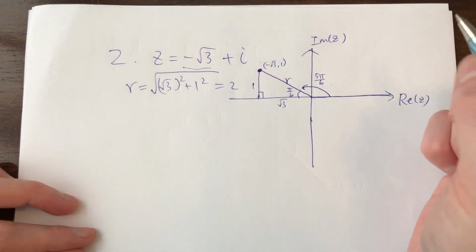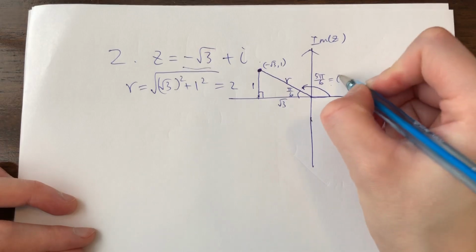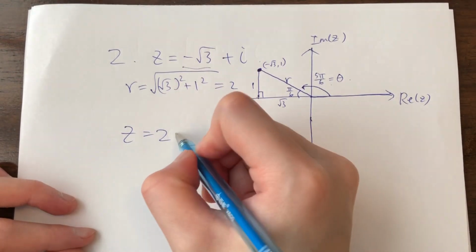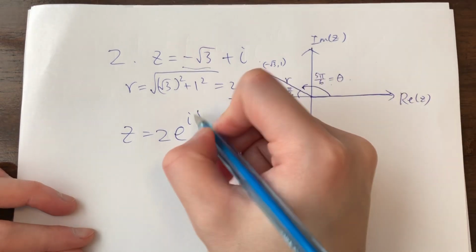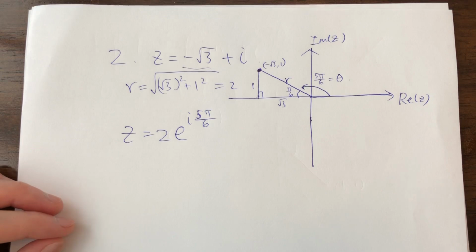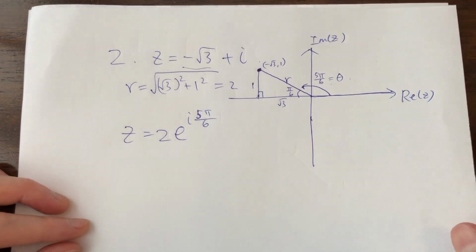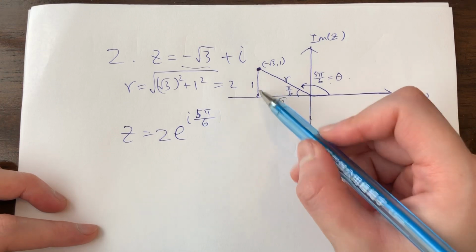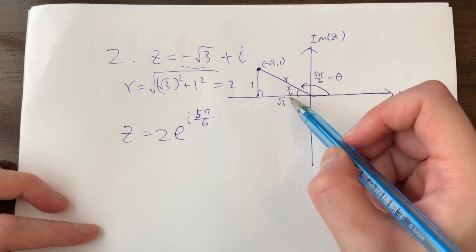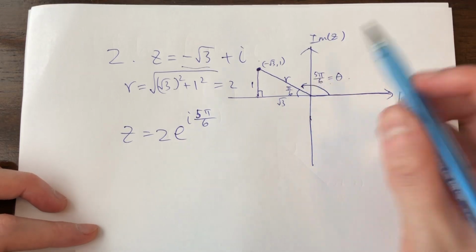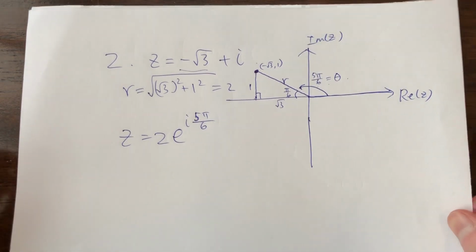So that's our theta, which means we write z as r e to the i 5 pi over 6. That's still not too bad. You have to be very fluent with the special triangles, and just be careful whether the angles are negative or positive. I think that's all you need.